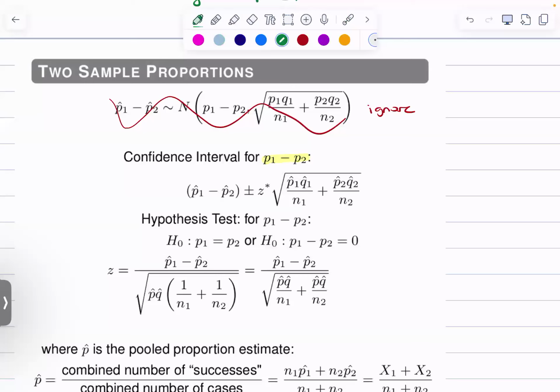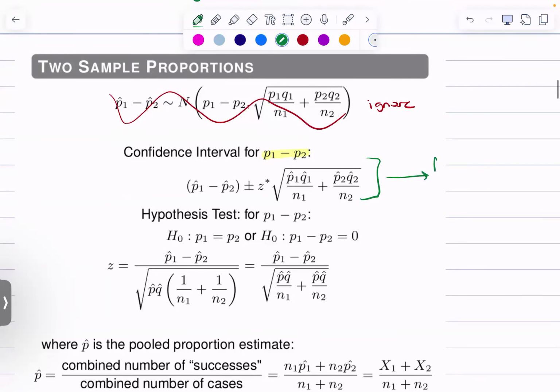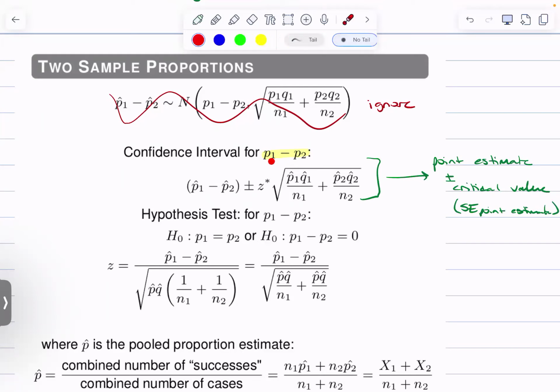Notice that this has the form of a point estimate plus minus a critical value. That's your Z star times the standard error of the point estimate. Your best guess at P1 minus P2 is going to be P1 hat minus P2 hat, and so that's what makes it the point estimate.